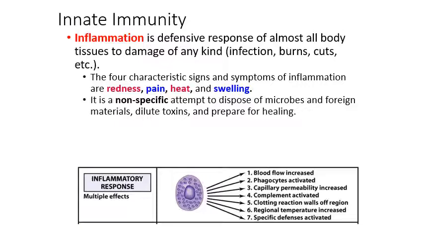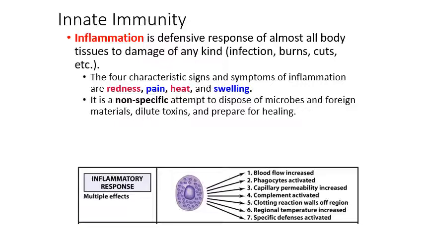Also, the capillaries in that area are going to become a little bit more leaky. Remember that some white blood cells are capable of diapedesis, meaning that they can leak out of the capillaries and into the surrounding tissues. That increased permeability of the capillaries is what's going to get some white blood cells into the tissue, but it's also going to lead to swelling, because as we lose white blood cells into the tissue, we're also going to lose plasma into the tissue, and that's how we get swelling.